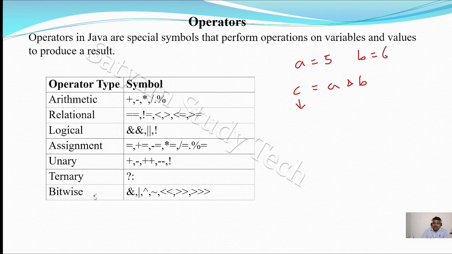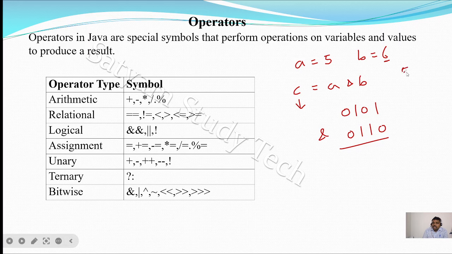Binary value consists of 0 and 1. First you convert this decimal value 5 into a binary value. So the 5 here is 0 1 0 1. Similarly, 6 is 0 1 1 0. So how can we convert it?